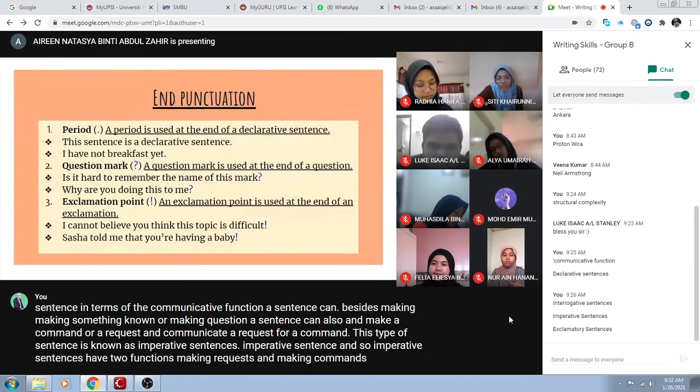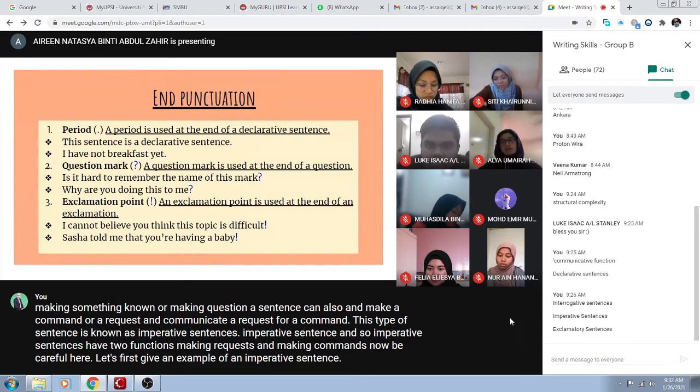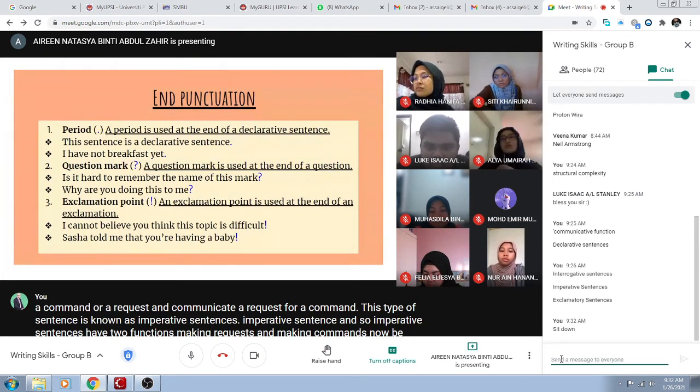Now be careful here. Let's first give an example of an imperative sentence. I will use the chat column. I have written an imperative sentence in the chat column.